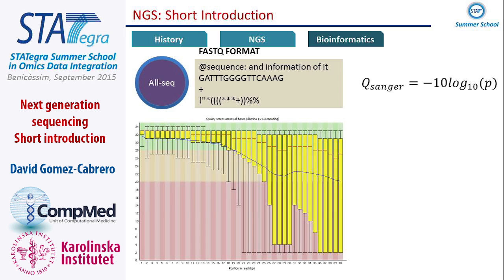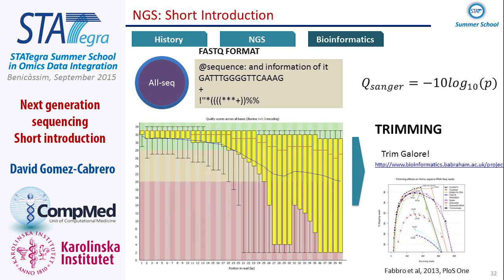So what happens here when it goes down? At some point you see that it goes down too much. It goes down below that. What that means is that you have a value here that maybe is a quality of 1. A quality of 1 is a high probability of making a mistake. Maybe this is a G, but maybe this is a T. We don't know. So what are the options here? What do you think we can do?